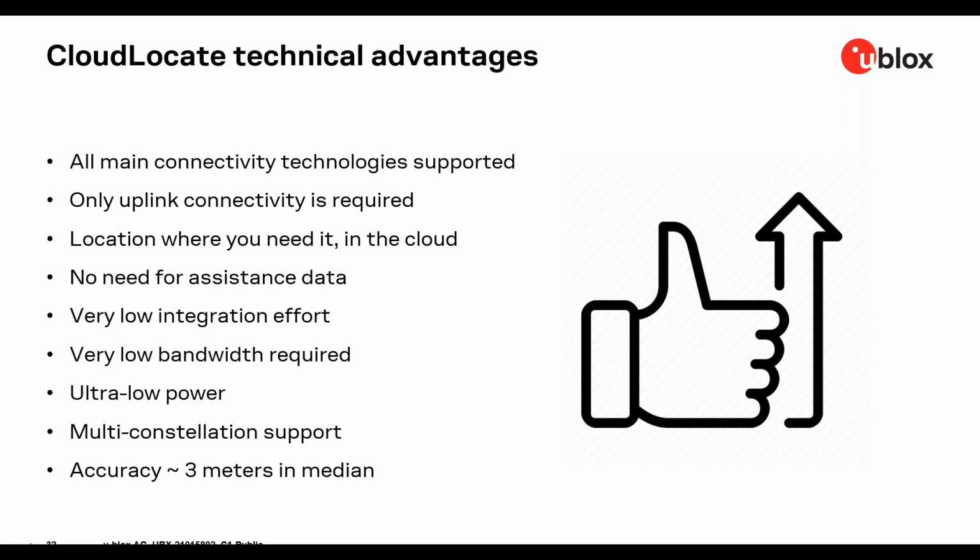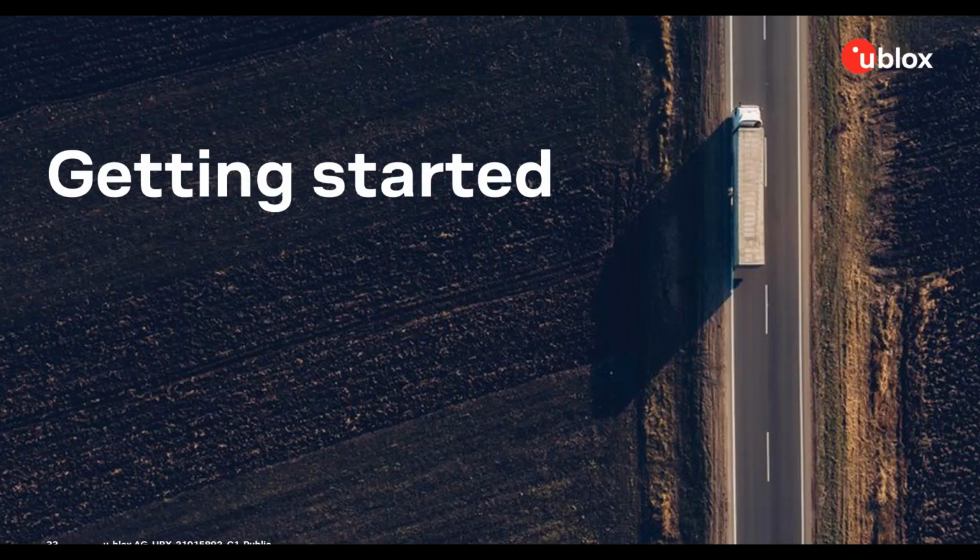We support all the constellations, and again, the accuracy is in the range of 3 meters in median. So very good for most of the applications. I hope that it was clear enough. We provide very important advantages with this service. Again, it's not a service for every season, but it's very useful for many use cases.